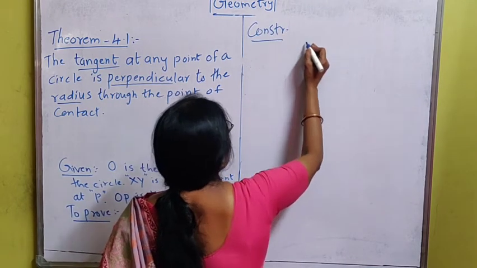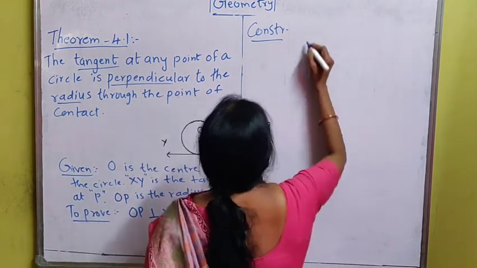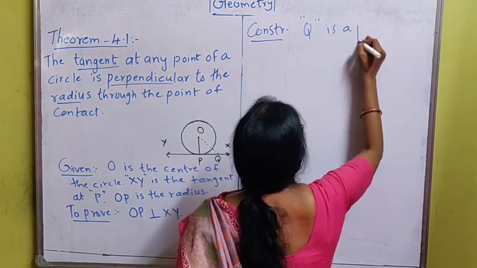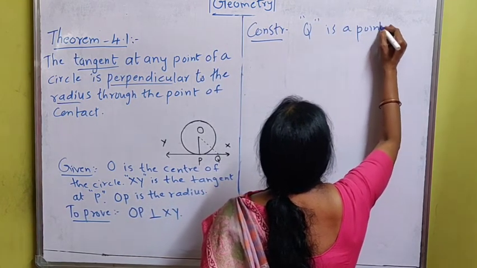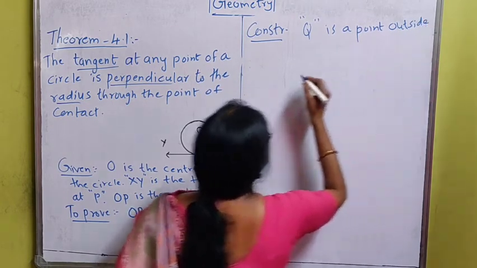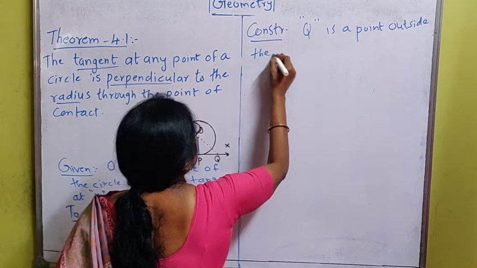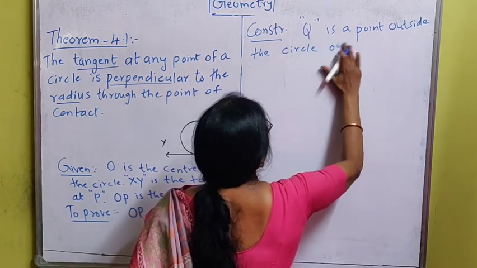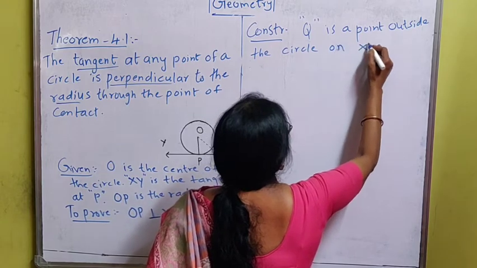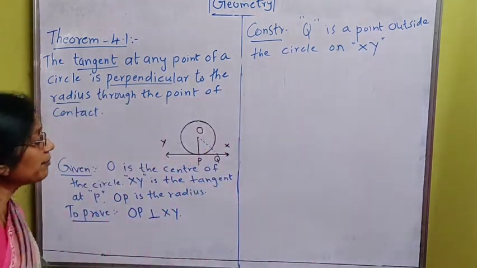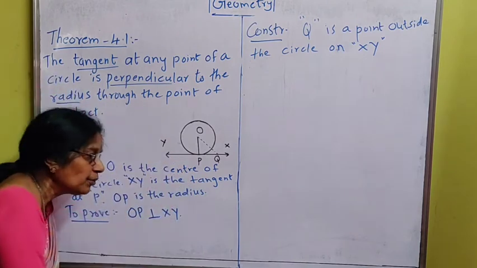So we have to write down the construction. What is the construction? Q is a point outside the circle on XY. What is your XY? Tangent. Remember that the point should be on the tangent only.